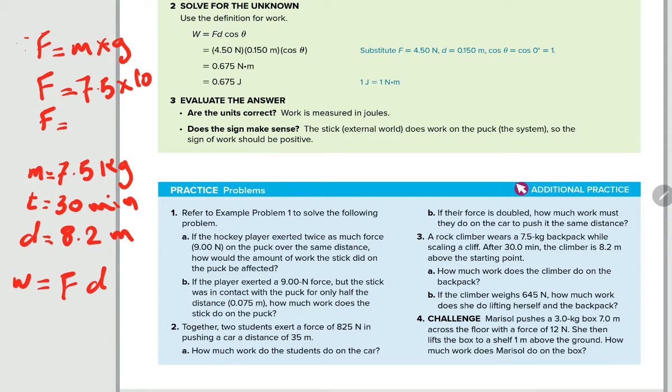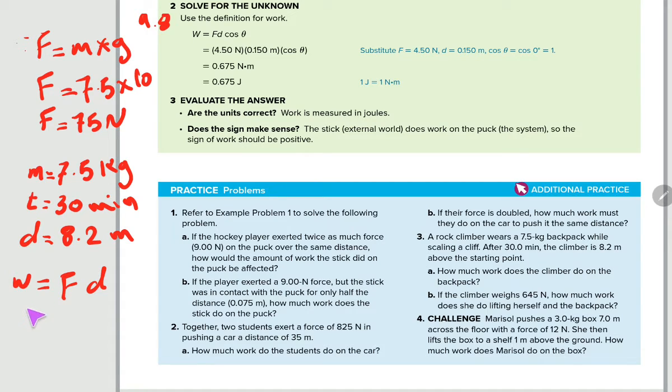And F equal to 75 Newton. By the way, F equal to M multiplied by G means the force equals the mass multiplied by the gravitational acceleration. The gravitational acceleration is 9.8, but approximately we will write it as 10. So 7.5 multiplied by 10 is equal to 75 Newton.